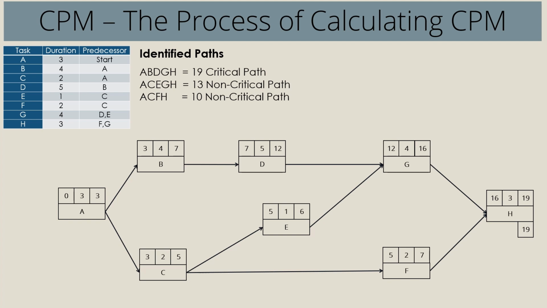So we have 19 minus 3, we get 16 as LS for activity H. Now we can bring the 16 as LF for activity G, and we can also bring it as LF for activity F because there are no competing arrows.